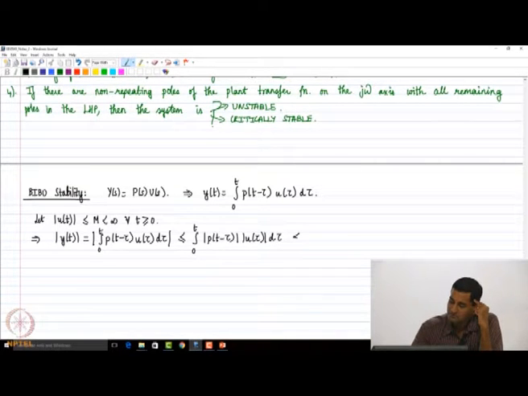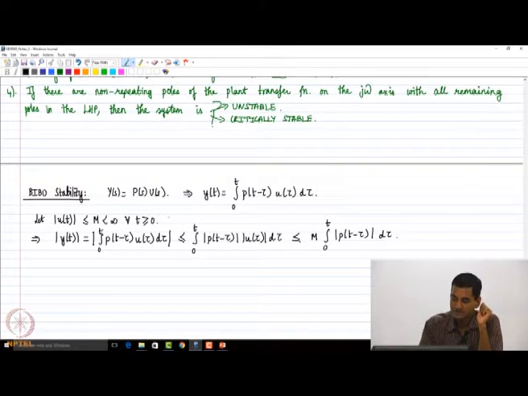Now this is going to be less than or equal to M times the integral from 0 to t of the magnitude of p of t minus tau d tau. Do you agree? Yes? M is greater than 0, right? Yes, this is a magnitude.